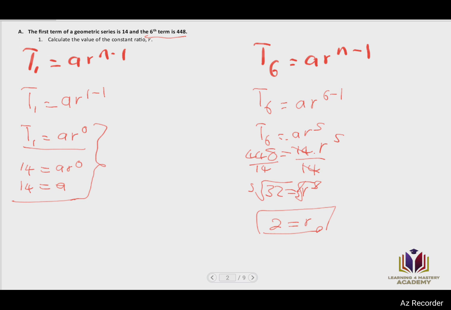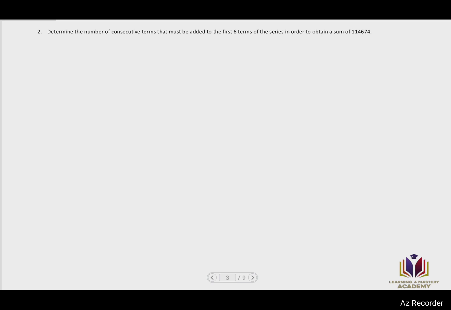Now let's proceed, move on to the next question. This question is still based on the previous information. Remember we are given T1 is 14, T6 is 448, and since we got the value of r, our Tn is going to be 14 times 2^(n-1).